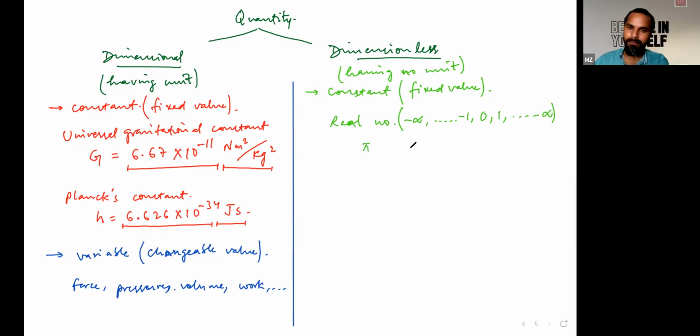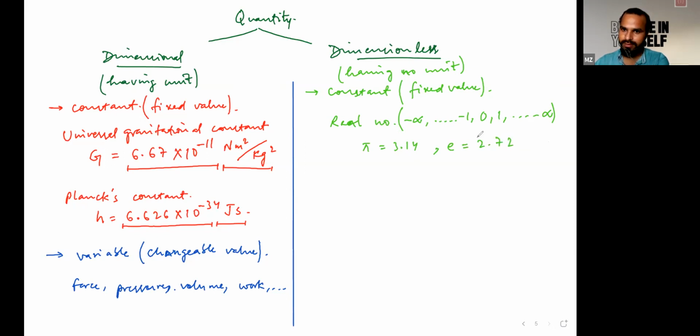Similarly, there would be pi, which is equal to 3.14. There is no unit assigned with this particular number, and its value would remain the same for the entire universe. So we can say this is called a dimensionless constant term. Similarly, there is another term called the exponential function, e, which is equal to 2.72.